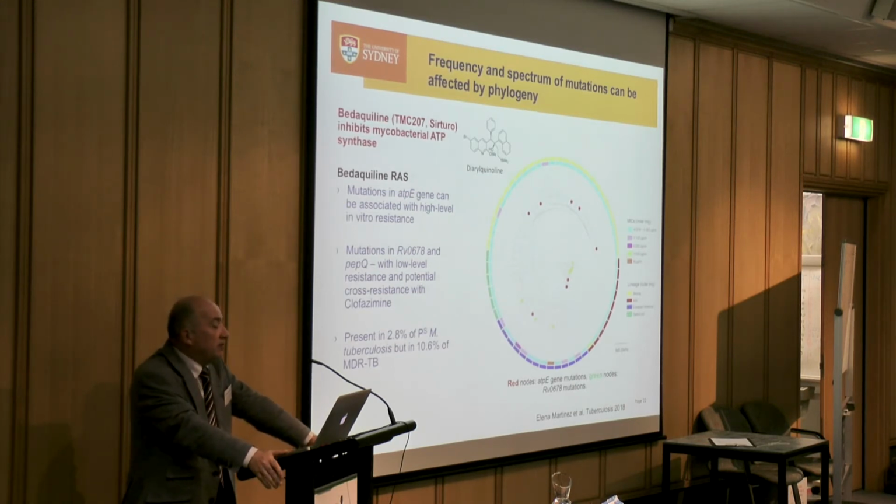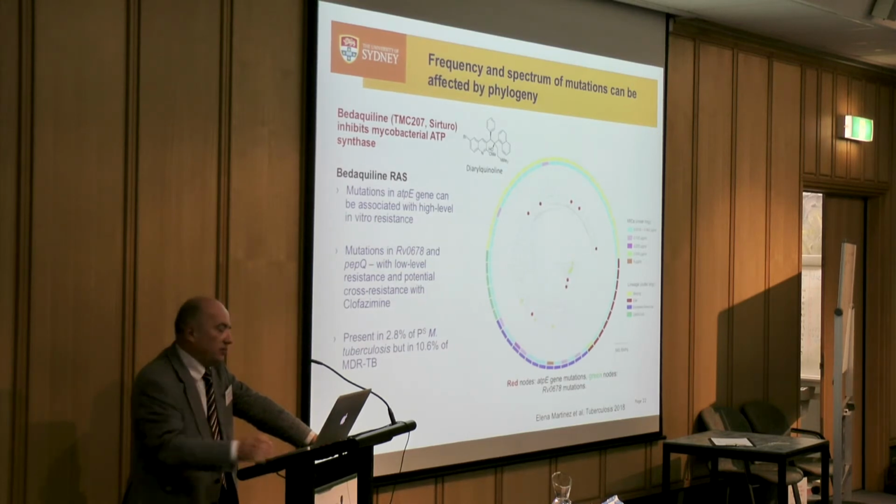We haven't seen bedaquiline resistance phenotypically prior to this study, but we wanted to check markers of bedaquiline resistance in MDR cases first, in all MDR cases that we've sequenced over the last 10 years.